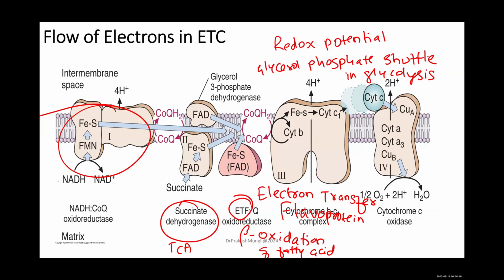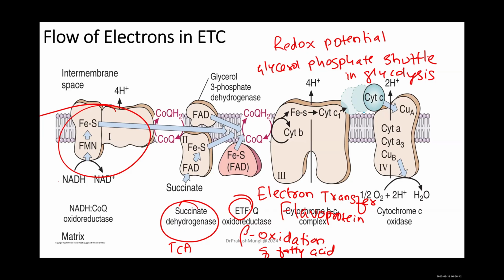That's why look at the name of this complex. It is NADH CoQ oxidoreductase. It oxidizes NADH into NAD+. That's an oxidation process. And then it reduces CoQ into CoQH2, because it donates protons to that particular mobile complex.